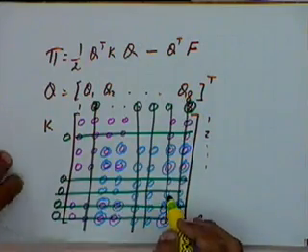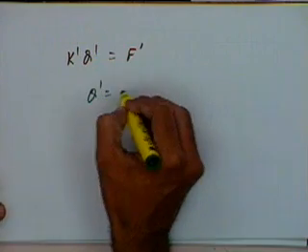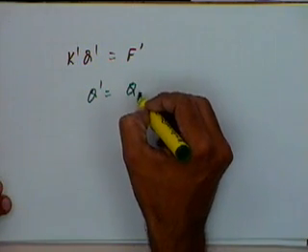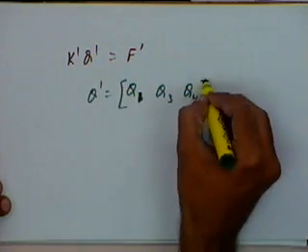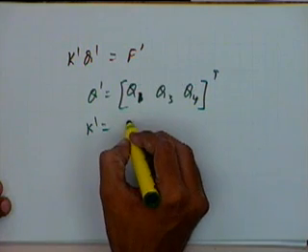Q prime will have the other 3 unknowns, Q prime equal to Q1, Q3 and Q4 transpose, and K prime will be a 3 by 3 matrix.